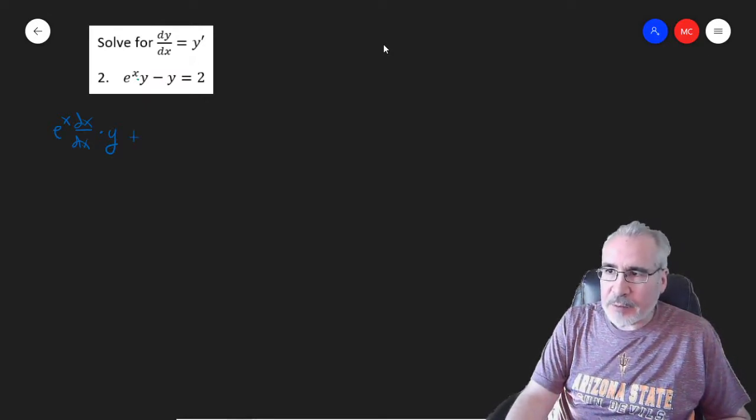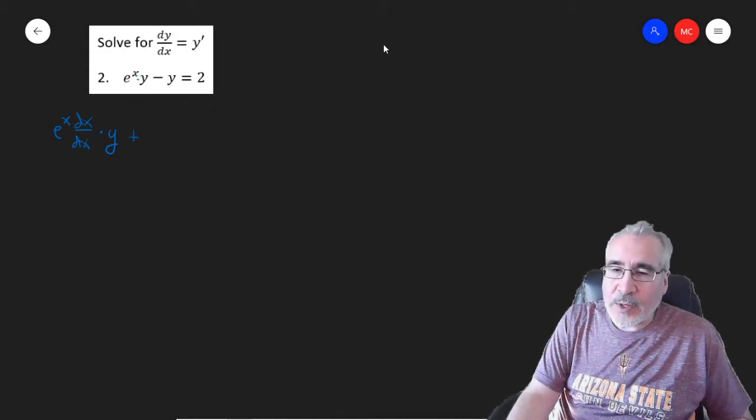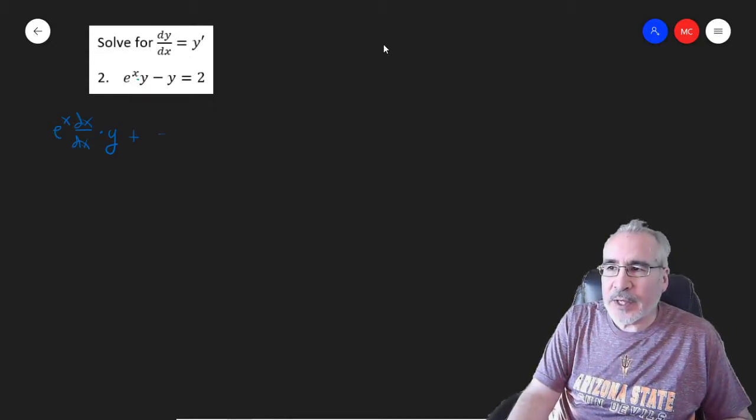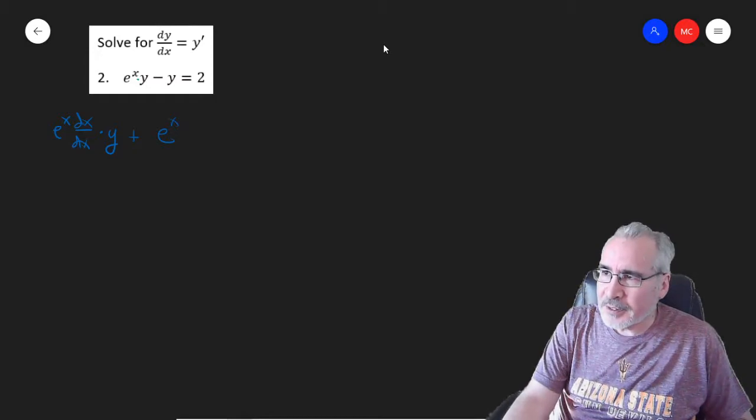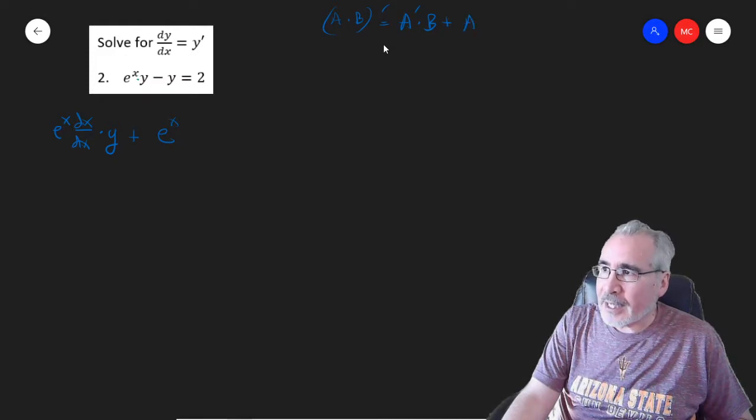The other half of the product rule is we're going to write e to the x without taking its derivative. This is where it kind of sees, well, did I take that? No, this is not the derivative. Remember, a times b, when we take its derivative, it's the derivative of a times b with nothing done to it plus a with nothing done to it times the derivative of b.